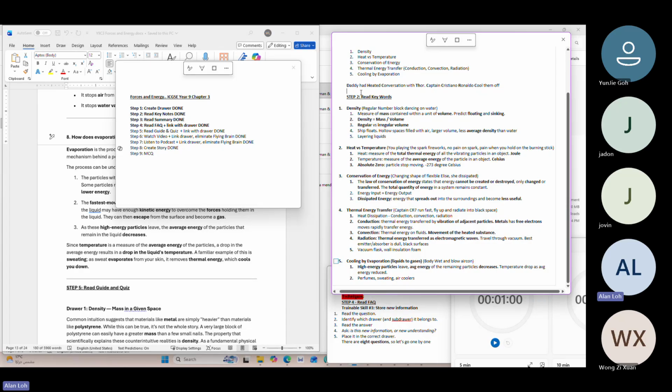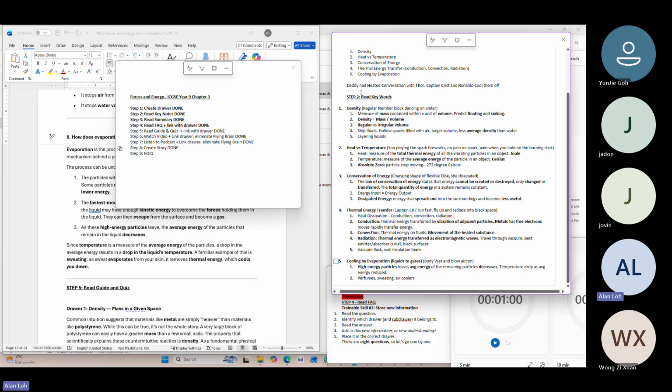And that story is helping us to remember the 5 drawers in sequence. Daddy, D represents density, had a heated conversation to represent heat as the second drawer, and conservation of energy as the third drawer. Then with who? With Thor. Thor is thermal energy transfer.